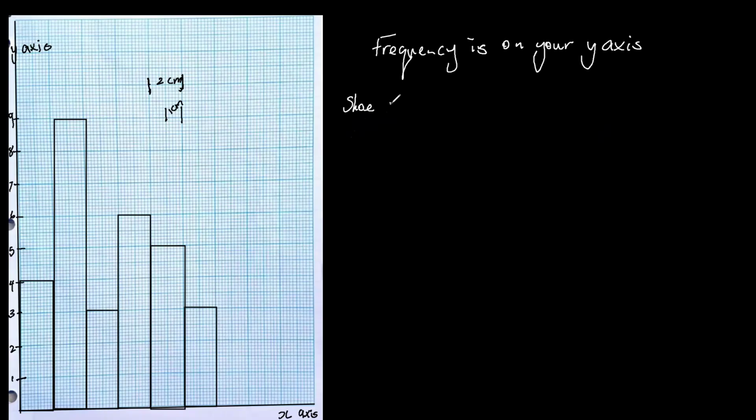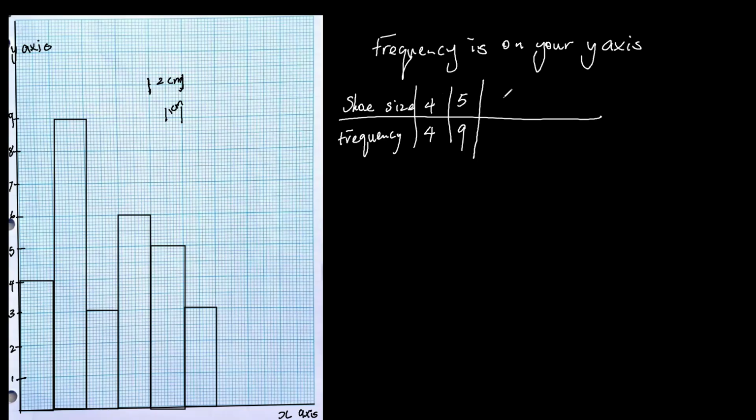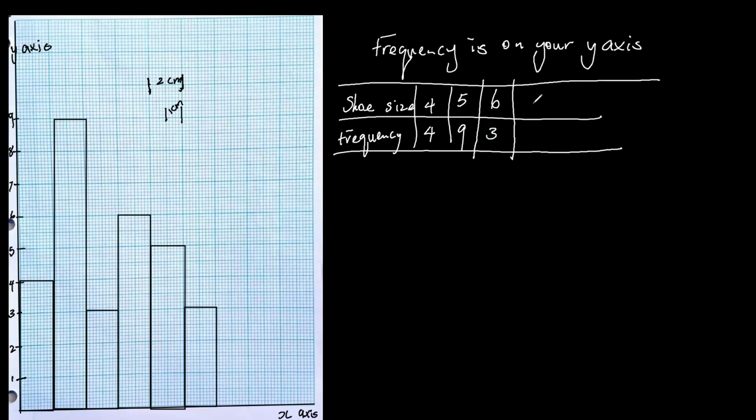So we had shoe size and we had frequency. So this is 4, 4, 5, 9, 6, 3, 7, 8, 9.